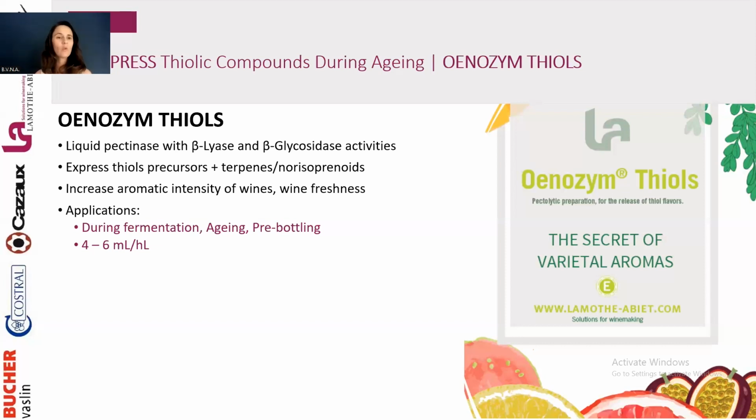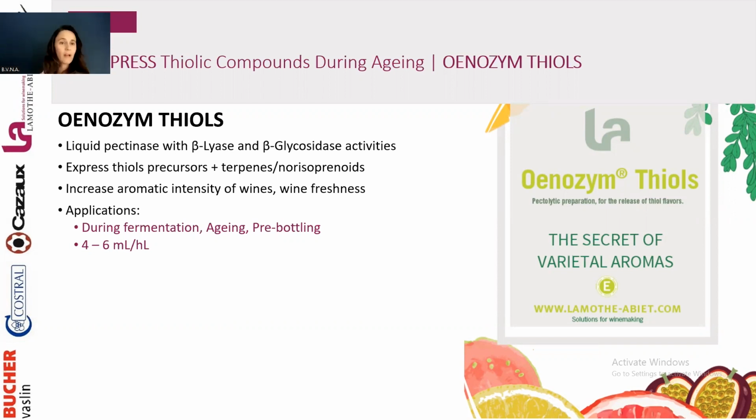We are actually leaving a good 40 to 60% of the thiolic precursors not expressed after fermentation. So aging is an option, but really often we use it pre-bottling. The strategy here is to say, okay, I release what I can during fermentation, and whatever I didn't release, I'm going to keep during aging in a precursor form as they are less sensitive to oxidation. And I'm going to give a little boost of aromatic freshness pre-bottling.